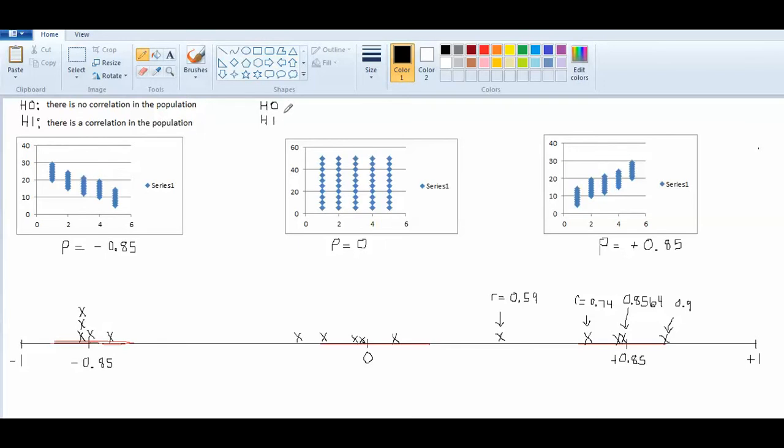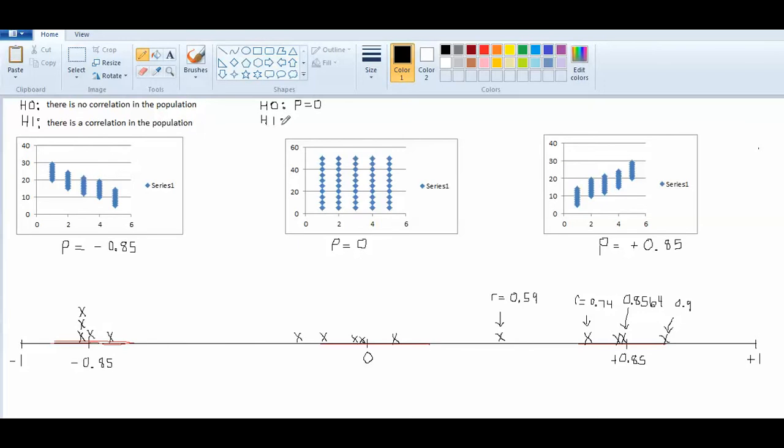And you might also see that instead of writing no correlation in the population, they'll just write this symbol, rho, equals 0. Which basically means that the population correlation coefficient equals 0, like it does here. There's no correlation in the population.